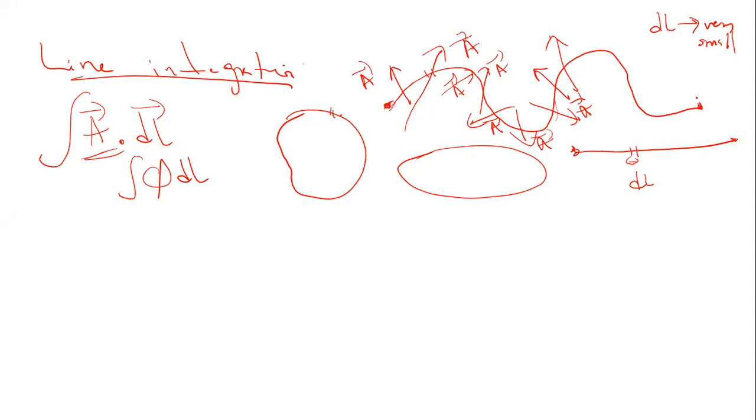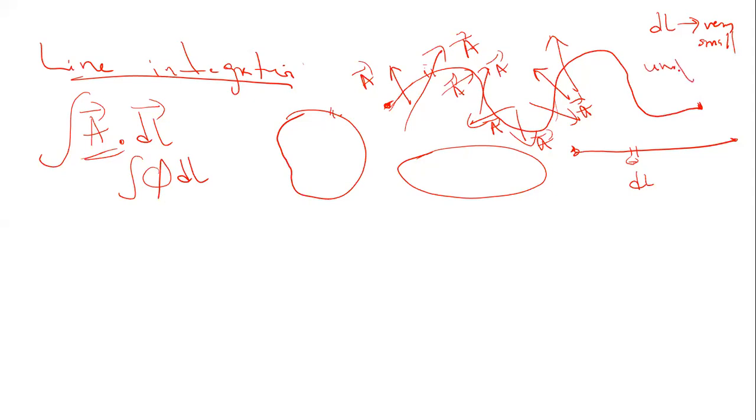In order to perform the summation, we have to consider this line element, and the line element has to be so small that the vector field A vector here is uniform.